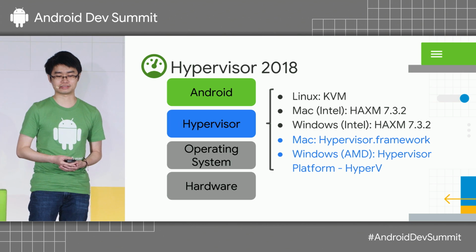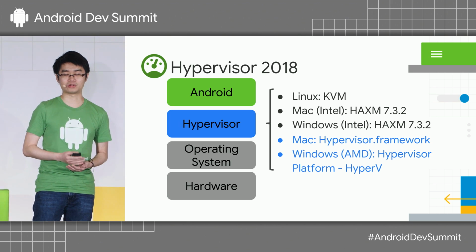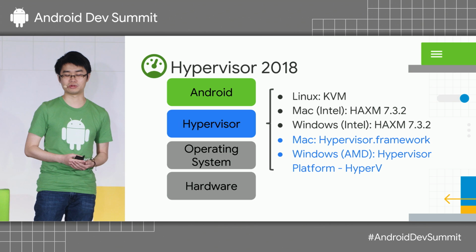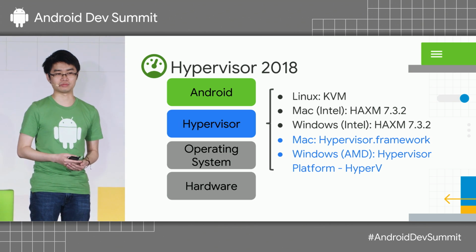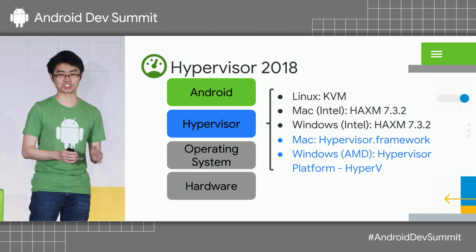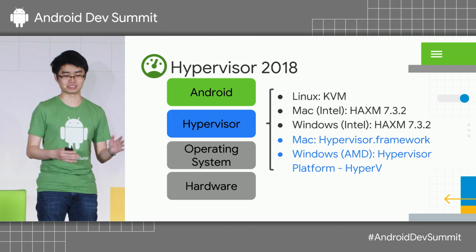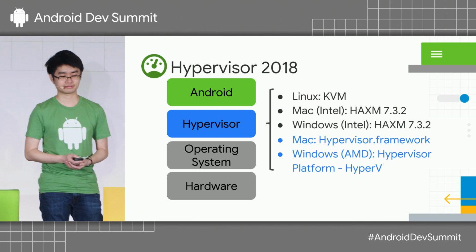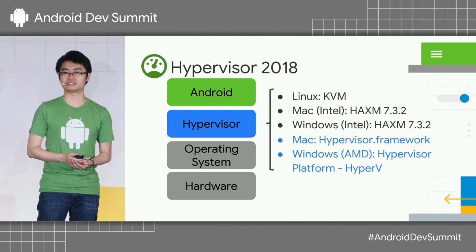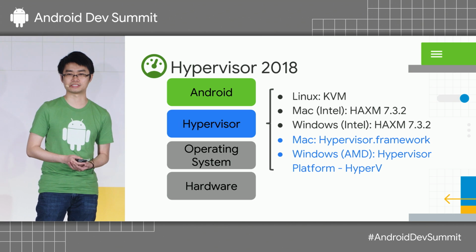And lastly, we support the Windows Hypervisor Platform, also known as Hyper-V, which can emulate on AMD. So finally, the combination of AMD and Windows is supported. And this also gives Docker support. All right, so here is the hypervisor performance.